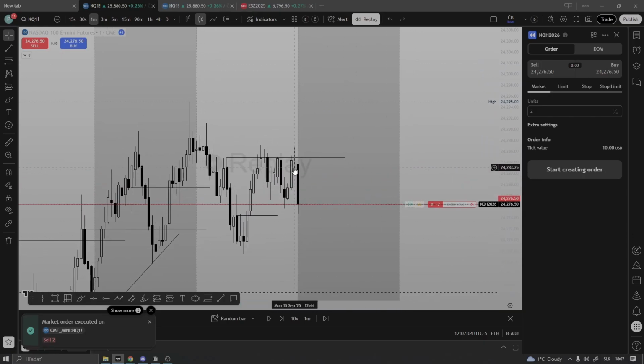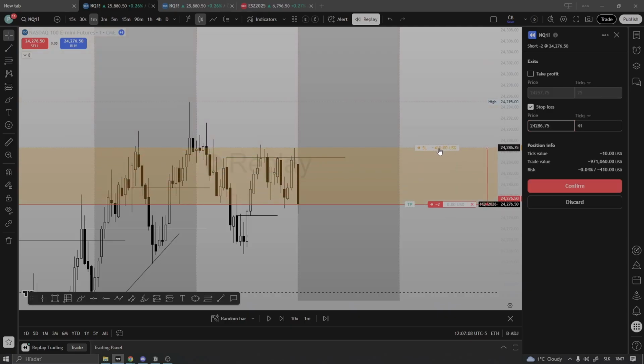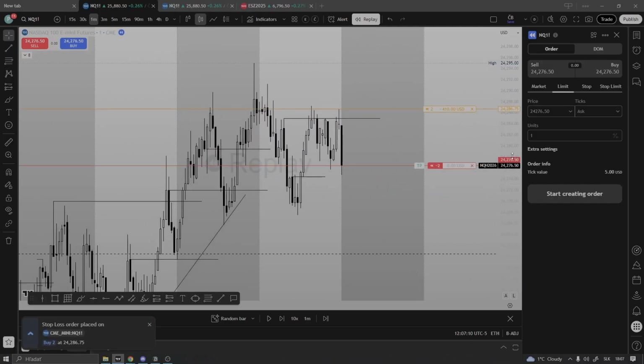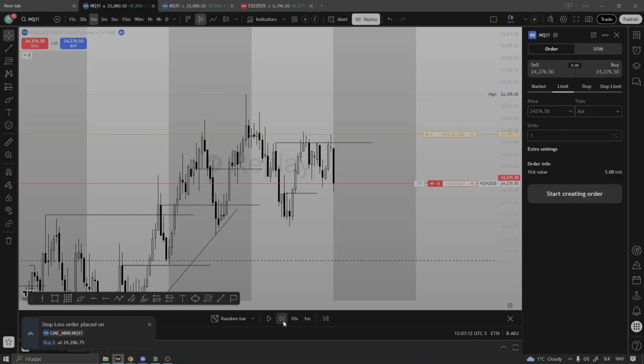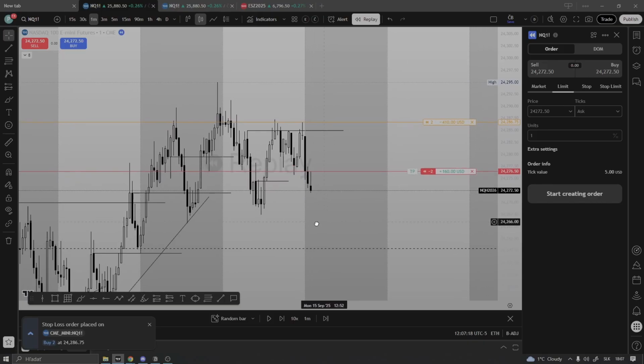In terms of our stop, the 12.44 candle is kind of the best spot for that one. So we are entering macro.